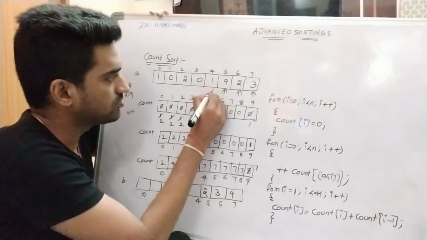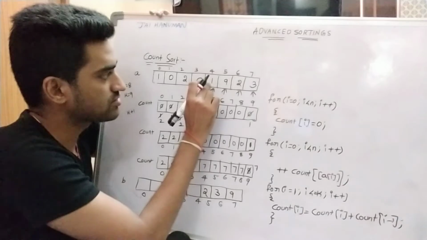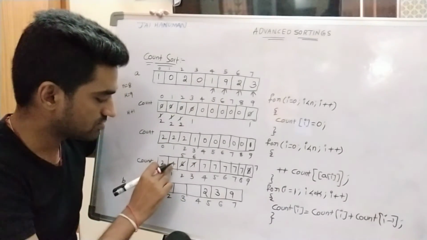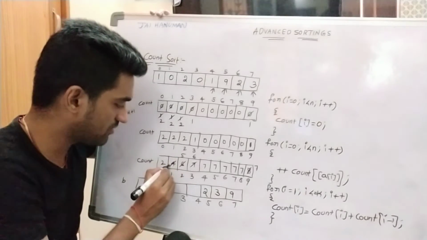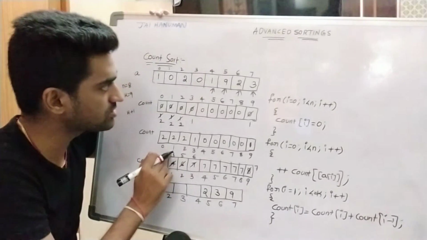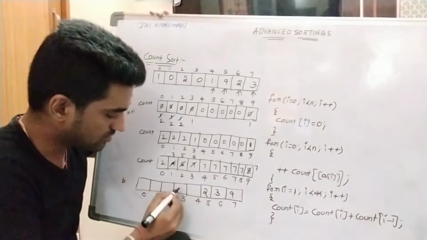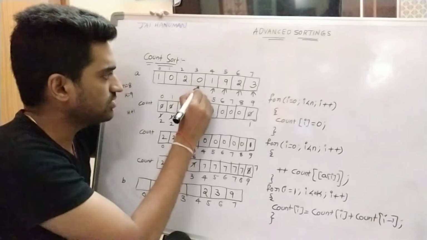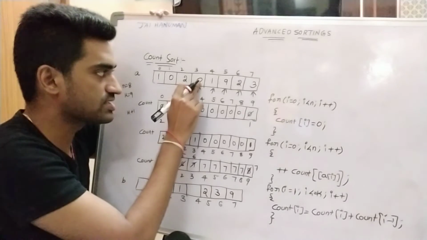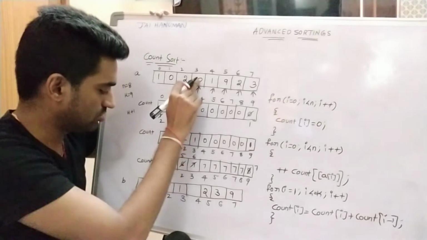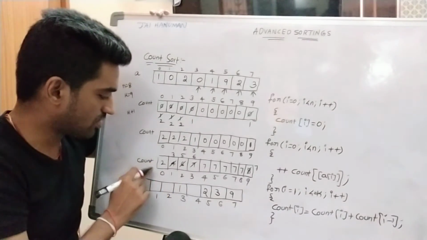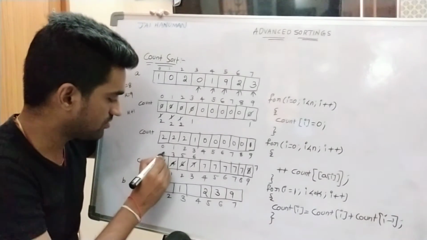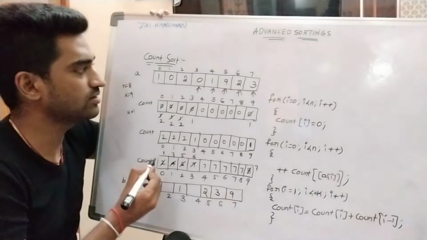Then go to the next element. 1. So go to the first index of the updated count array. This is 4. This is decremented by 1. This is 3. At the 3rd position we are storing 1. So go to the next element, 0. Go to the index of count 0. Here 2 is there, so decremented by 1.